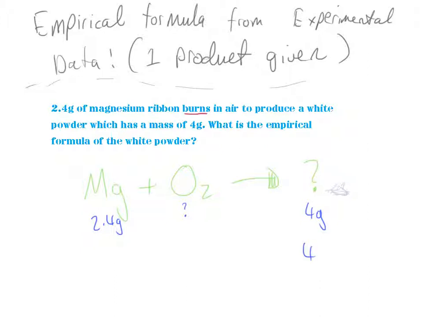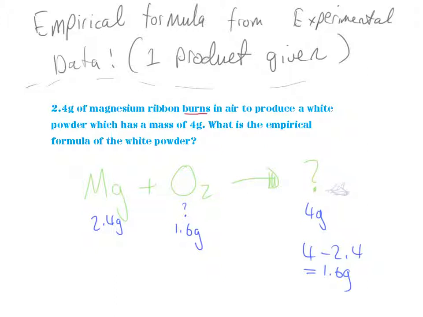So 4 minus 2.4 gives us 1.6, and so therefore the mass of oxygen is going to be 1.6 grams. So now we know the masses of all three of these different substances involved in this particular equation.